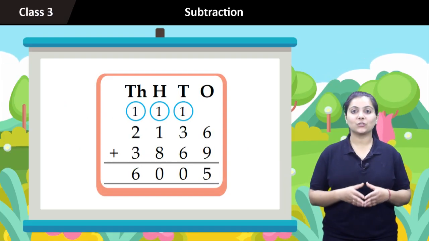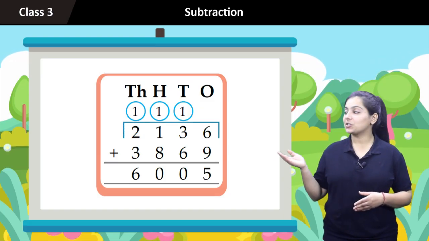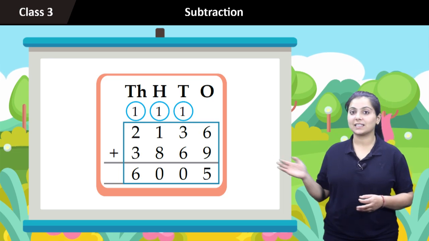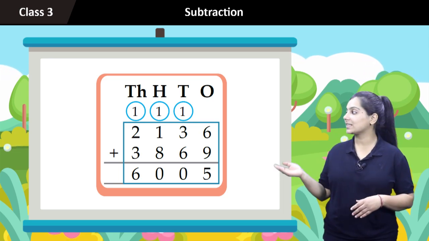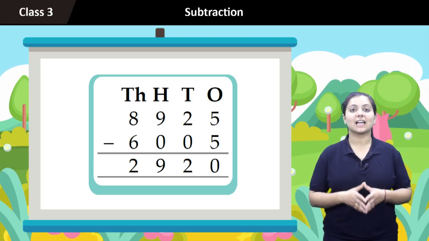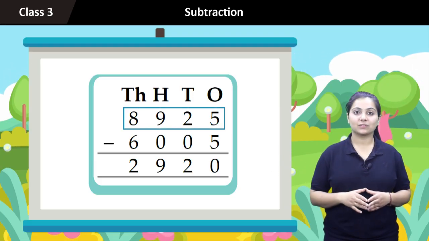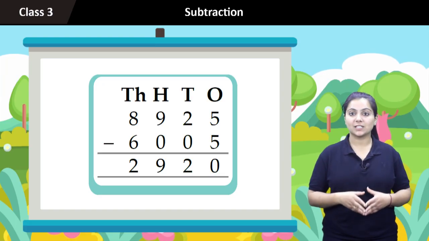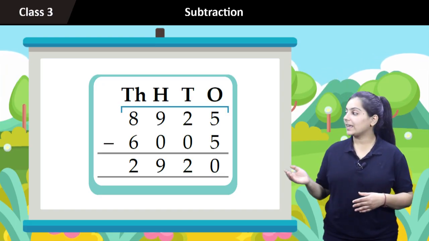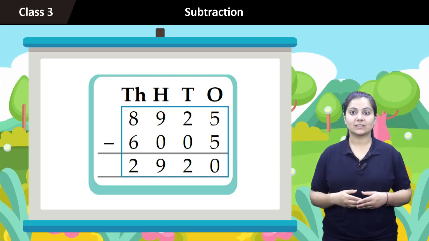Number of persons who visited on Sunday and Monday: 2136 plus 3869, that is equal to 6005. Total number of persons who visited the exhibition is equal to 8925. Thus, number of persons who visited on Tuesday is 8925 minus 6005, that is equal to 2920.